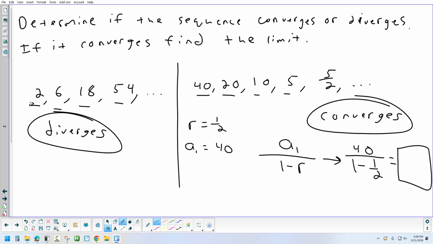What's that going to come out to when we simplify 40 divided by 1 minus 1/2? Yeah, 80, because that's going to be 40 divided by 1/2, which comes out to 80. So if you were to continue this sequence forever and add up every single term in the sequence, it would approach 80. 80 would be the limit.